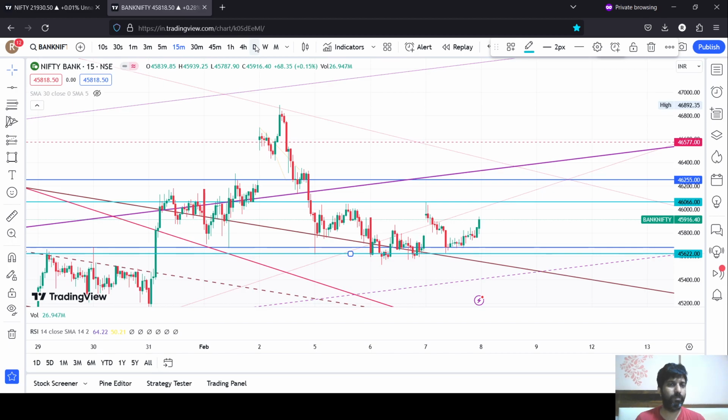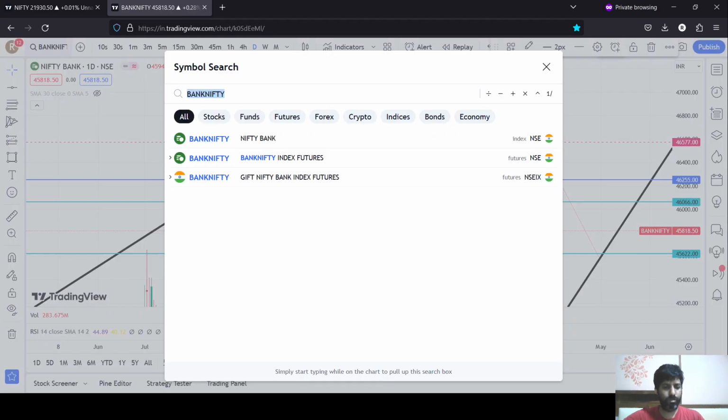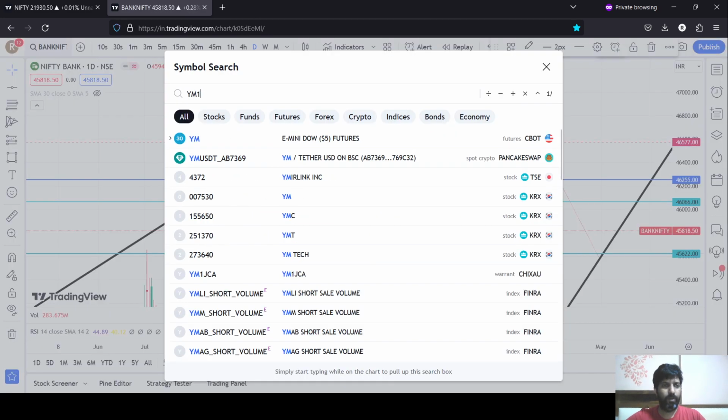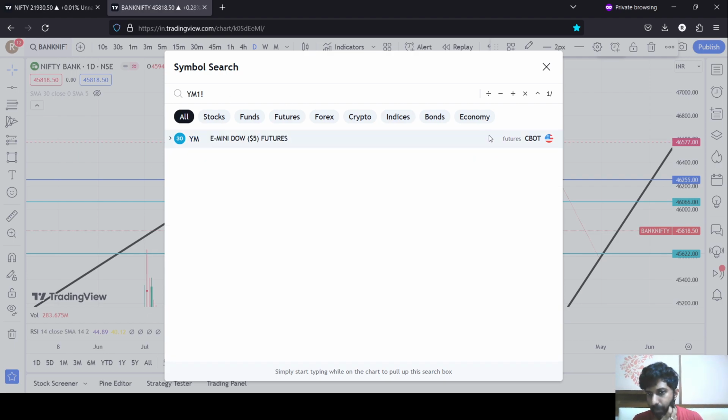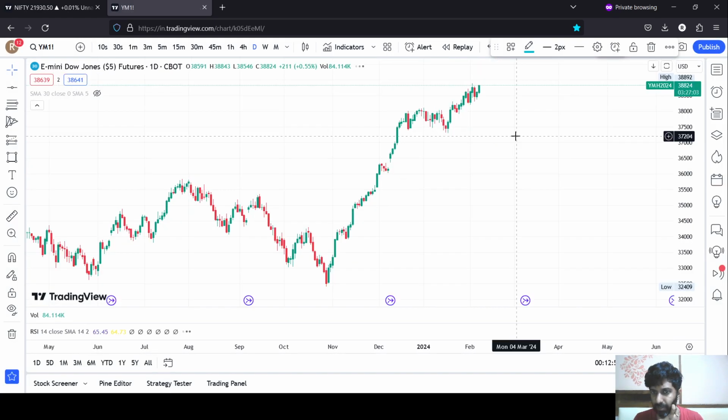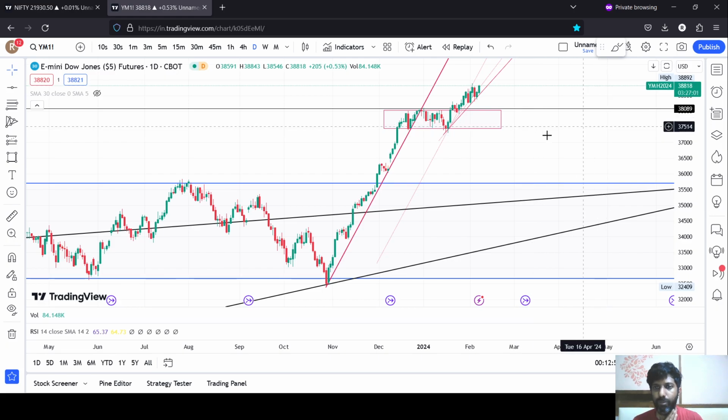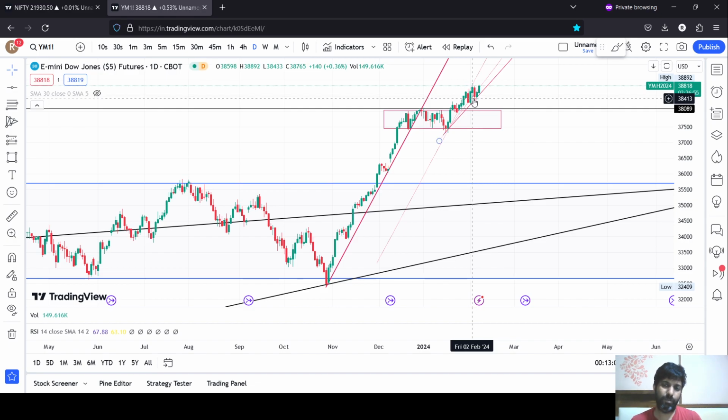Let's take a look at Dow Jones. Dow Jones, I think, was trading positively. Yesterday's candle took support at the trend line, the previous day's candle also took support, and today's candle also seemed to bounce back from the support and is now trading higher.